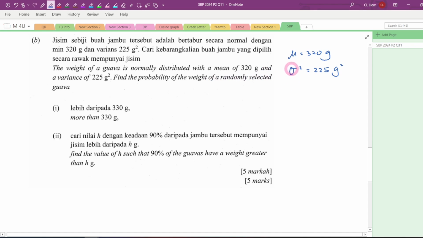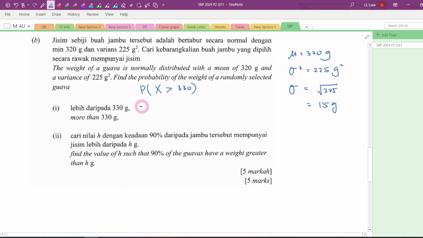Okay, the variance is 225, so the standard deviation will be the square root of 225, which is equal to, we can press a calculator, 15. Okay, now we have all the values that we need. For part 1, more than 330 grams.